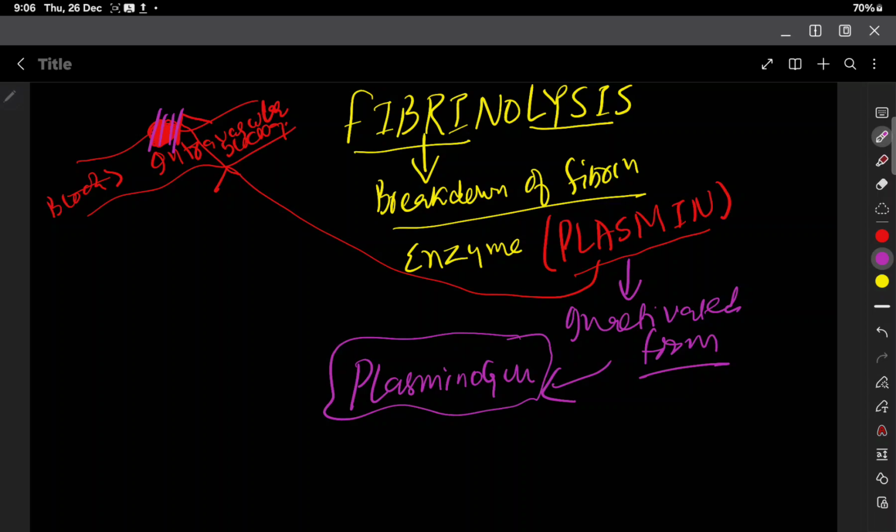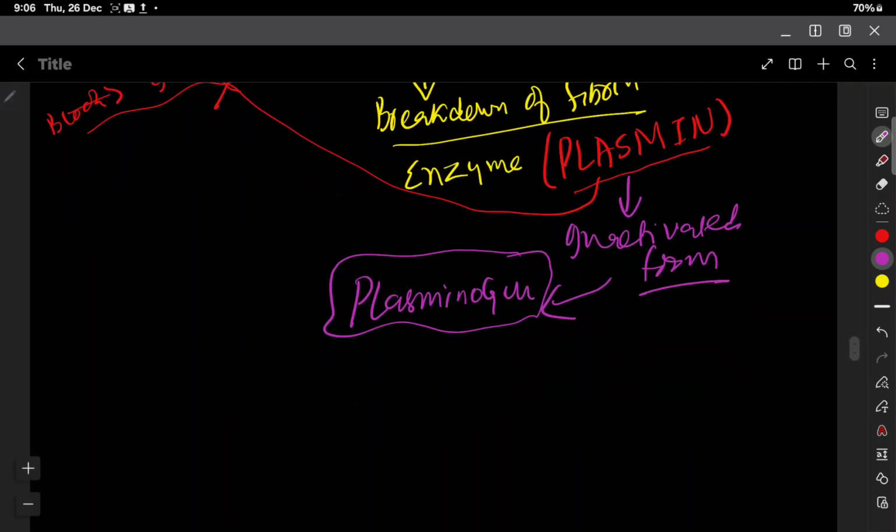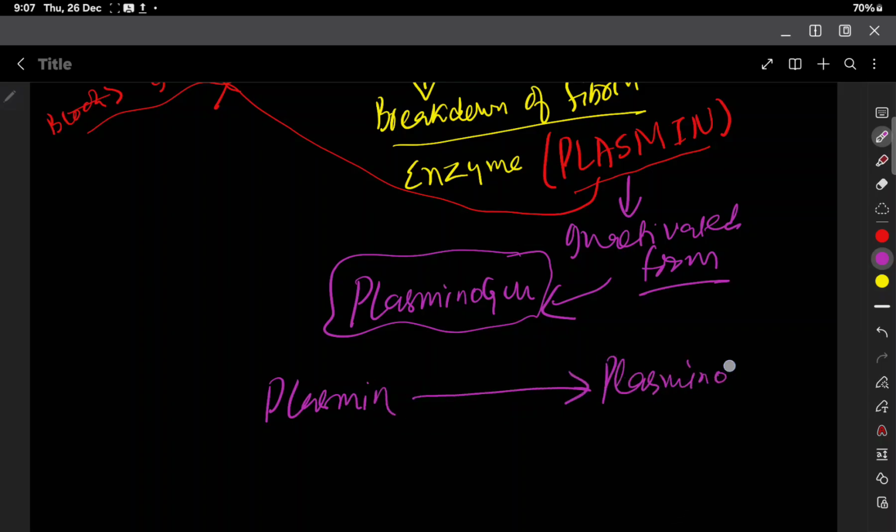So when the clot has been formed and the bleeding stops, this plasminogen gets converted into plasmin. But it can't get converted by itself. It gets activated by tissue plasminogen activators, and these tissue plasminogen activators are also present in the blood.